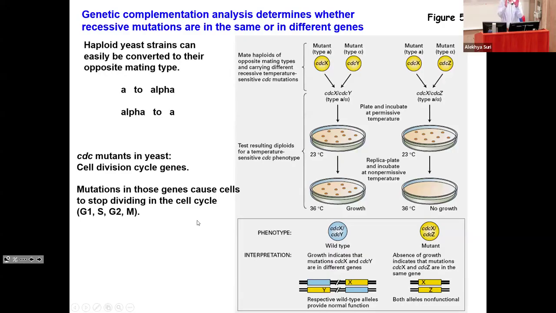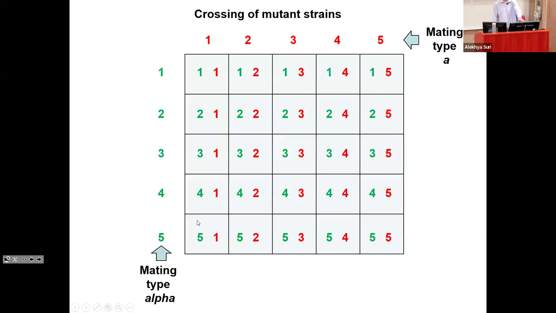Then you have two sets of mutant strains, one with mating type A and one with mating type alpha, so identical strains but with mating type A or alpha. And so what you do is you cross all the mutant strains with each other.